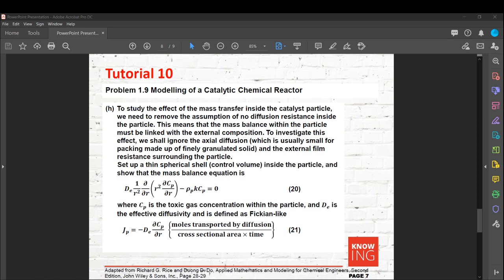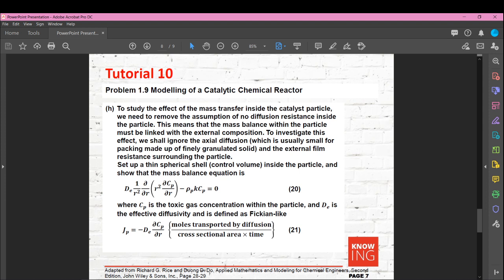To investigate this effect, we shall ignore the axial diffusion, which is usually small for packing made up of finely granulated solid, and the external film resistance surrounding the particle. Set up a thin spherical shell as a control volume inside the particle and show that the mass balance equation is this, where Cp is the toxic gas concentration within the particle and dE is the effective diffusivity, defined as Fick-like, the Fick-like relationship.